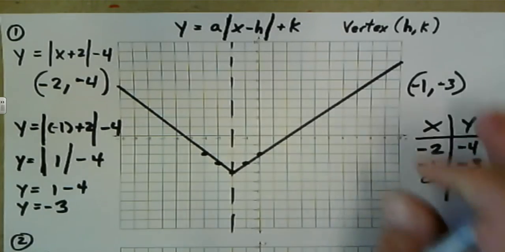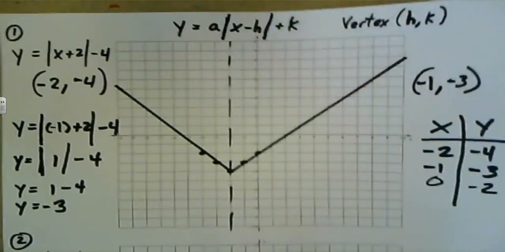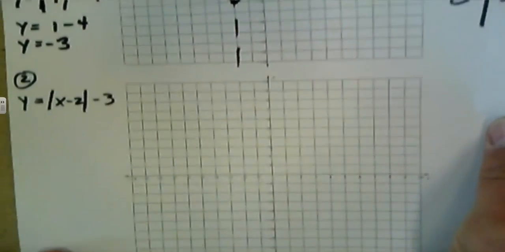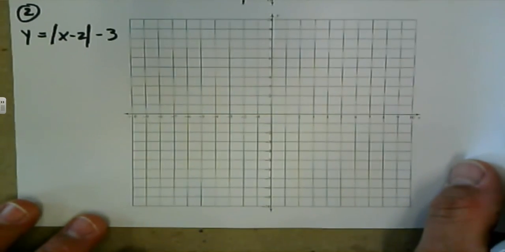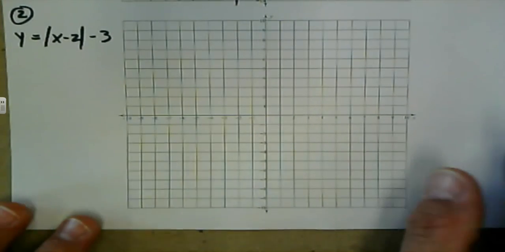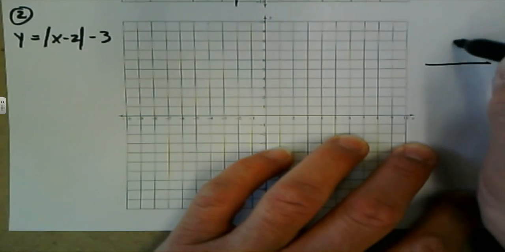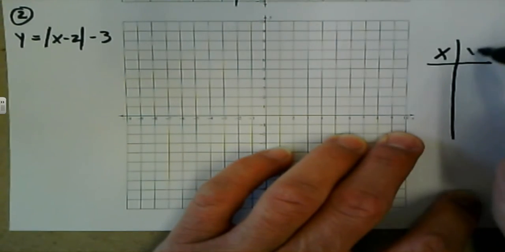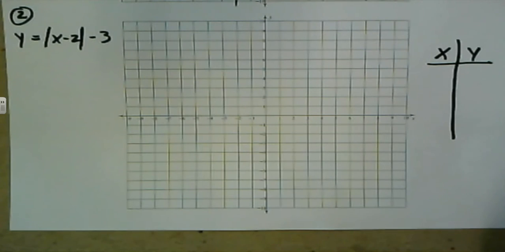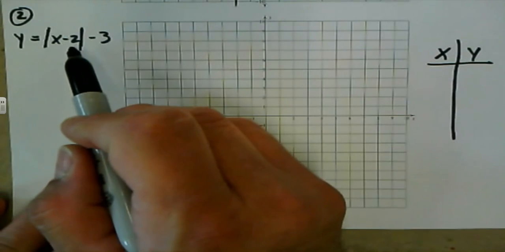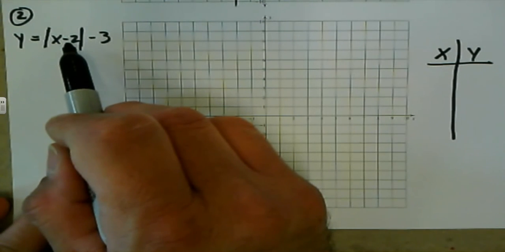So, without all the superfluous stuff, we're going to go through this. So I want to find the vertex. So over here, draw your x and your y. What do I put down for the x value?